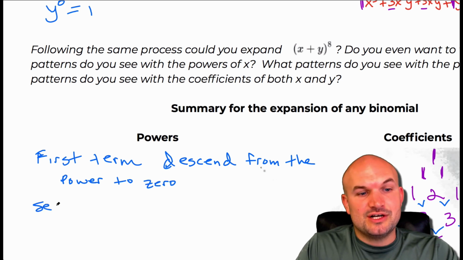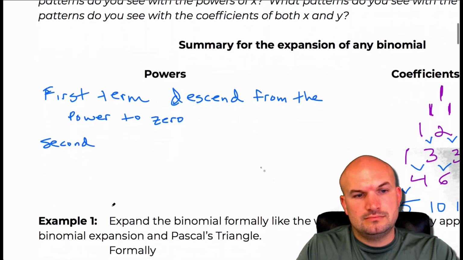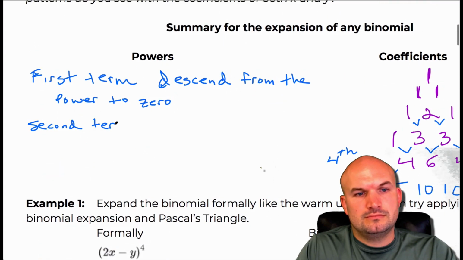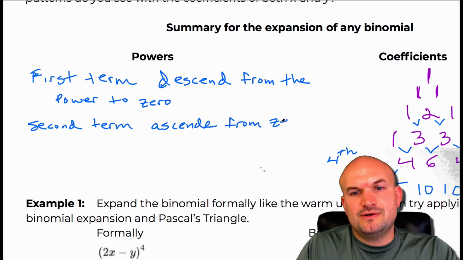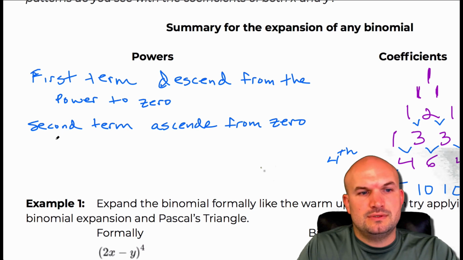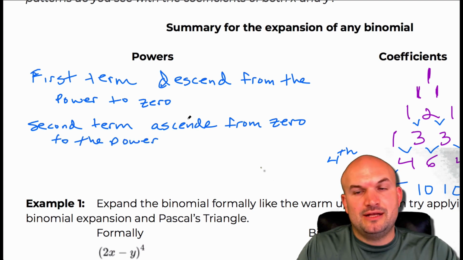And then the second term ascends from 0 to the power of the binomial expansion.